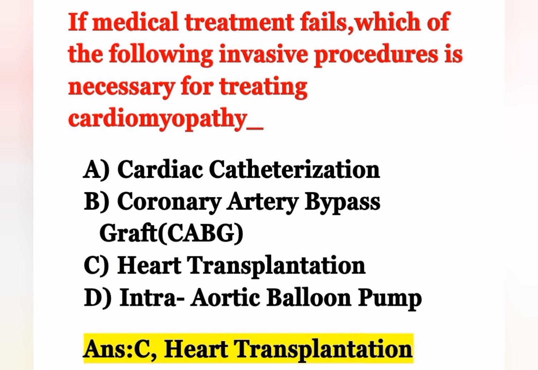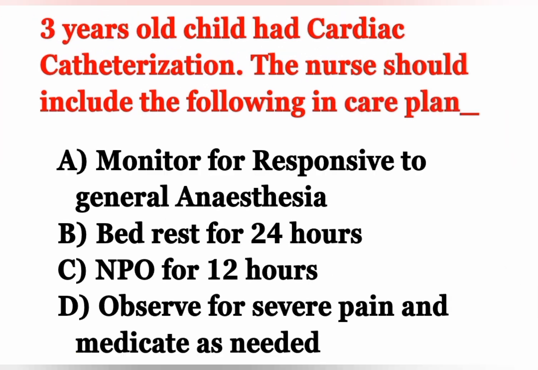Move on to the next question. A 3-year-old child had cardiac catheterization. The nurse should include the following in the care plan. Options: option A monitor for responsiveness to general anesthesia. Option B bed rest for 24 hours. Option C NPO for 12 hours.